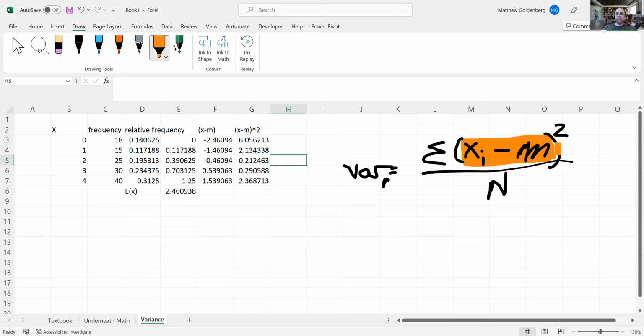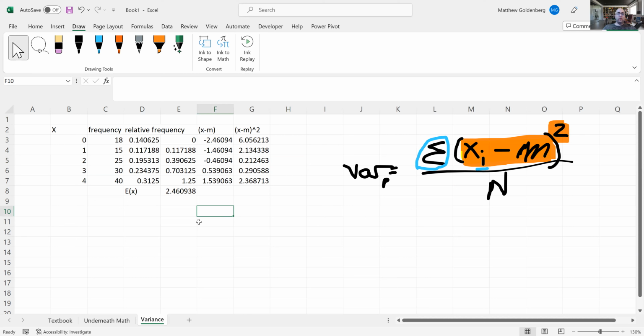We've taken the deviation for a single observation, for a single outcome, a single x. We've squared it. Now guess what? We have to do the sum. We have to add up all the deviations of all the observations in our sample.